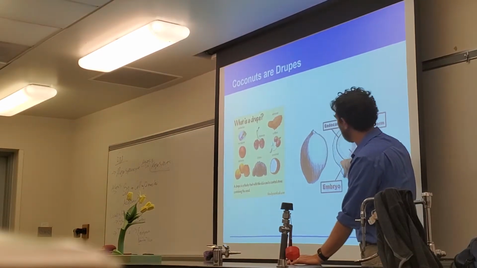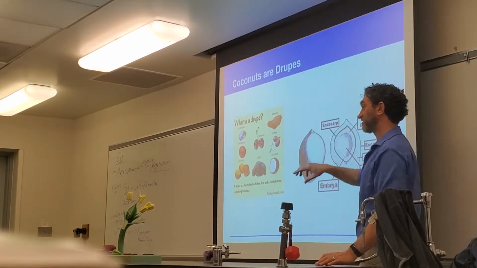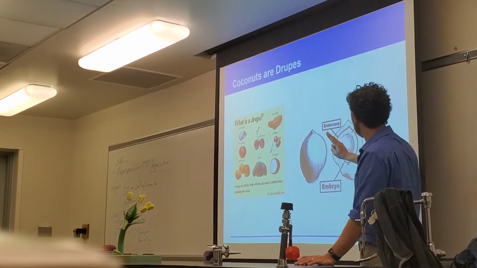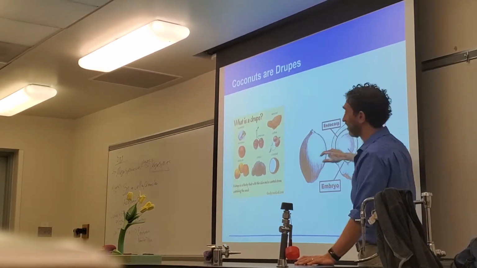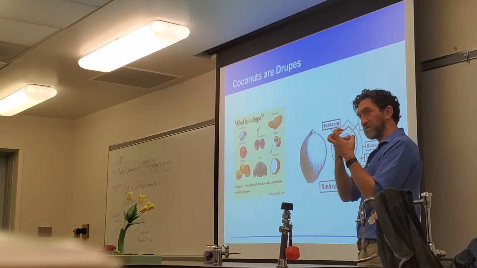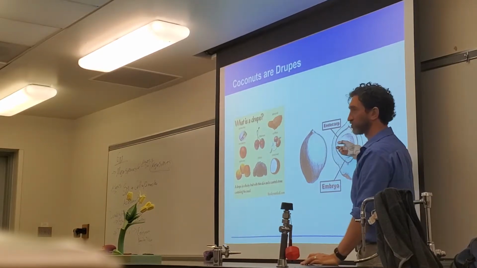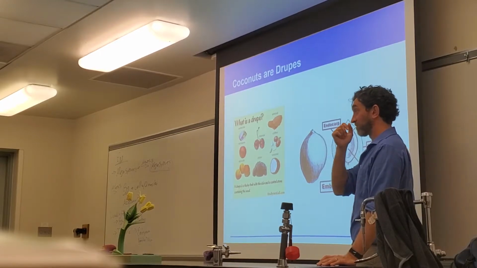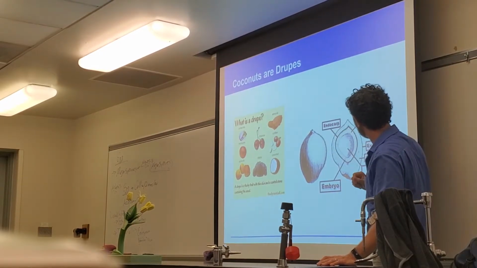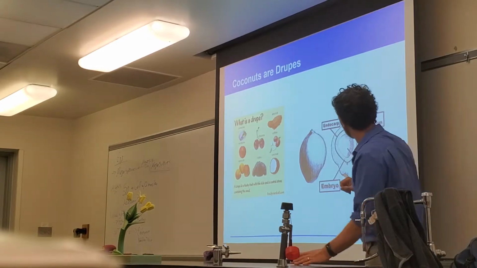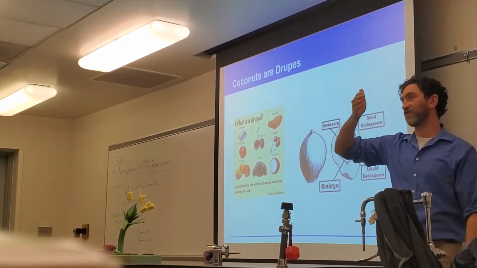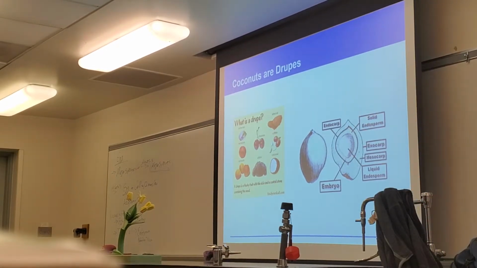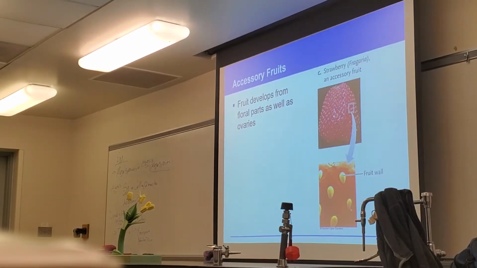The embryo is on the end. If you look at a coconut, it looks like it has a little face. That's where the embryo is. And then it has two different types of endosperm. It has the solid endosperm, which is the coconut meat that you eat, and it has a liquid endosperm as well. That's the coconut water that you drink. Isn't that crazy? And the endocarp is the fuzzy stuff on the outside of the coconut itself.